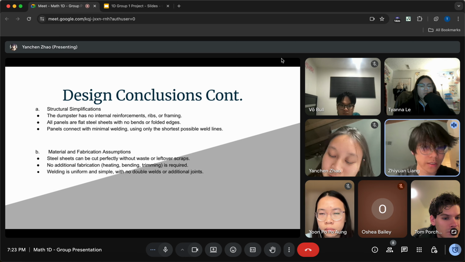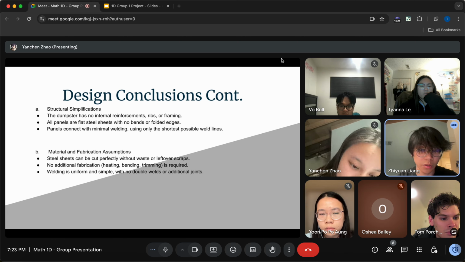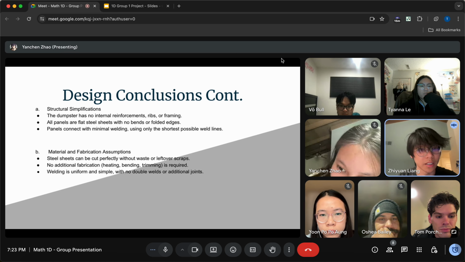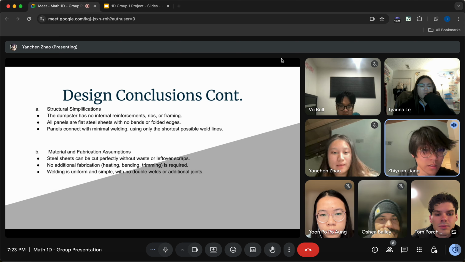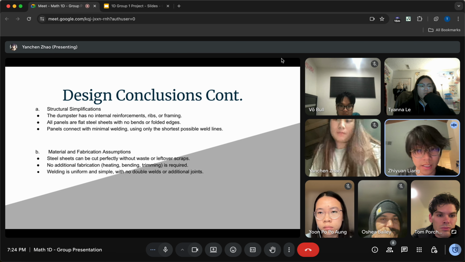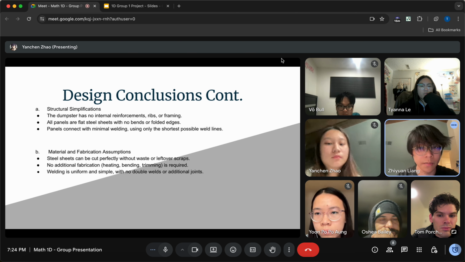This part continues the design conclusions. In order to make our optimization model more efficient, we introduced several structural simplifications. First, our dumpster doesn't include any internal reinforcements or ribs.